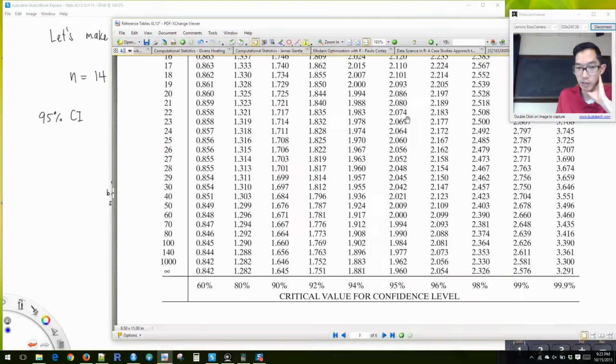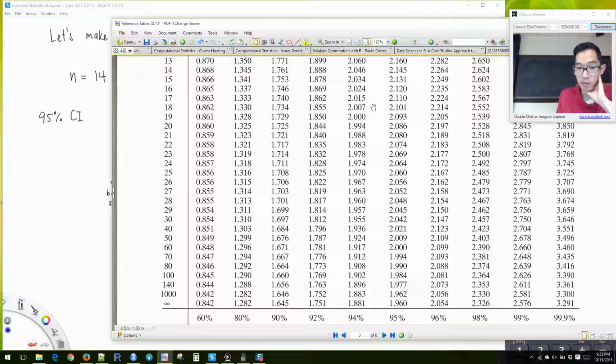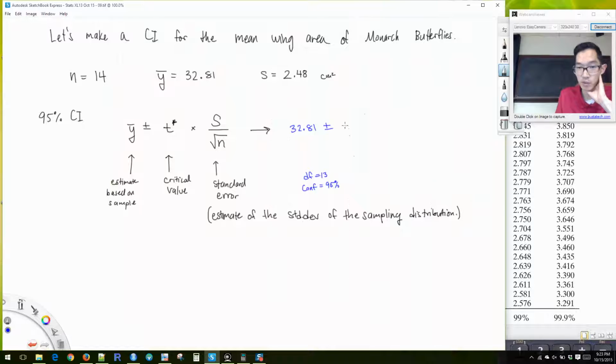So the value I use for 13 degrees of freedom, 95%, is 2.160, times s, 2.48, divided by the square root of n, square root of 14.